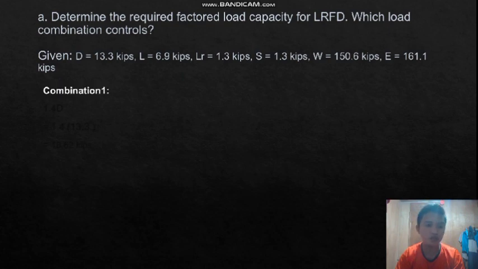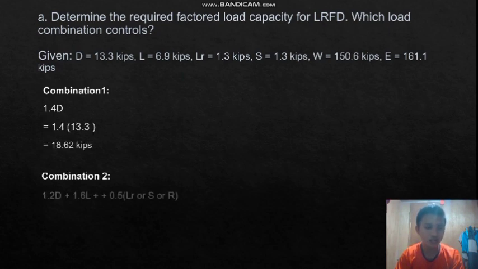For combination 1, 1.4 multiplied by D equals 18.62 kips. Combination 2, 1.2D plus 1.6L plus 0.5 LR or S or R.